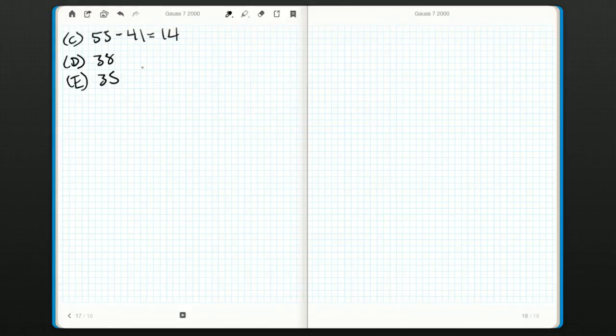Can we write 14 as a sum of 2 different numbers? If you haven't tried this problem, while I write some things out, try and think. Can we write 14 as a sum of 2 different numbers that both lie between 1 and 10?